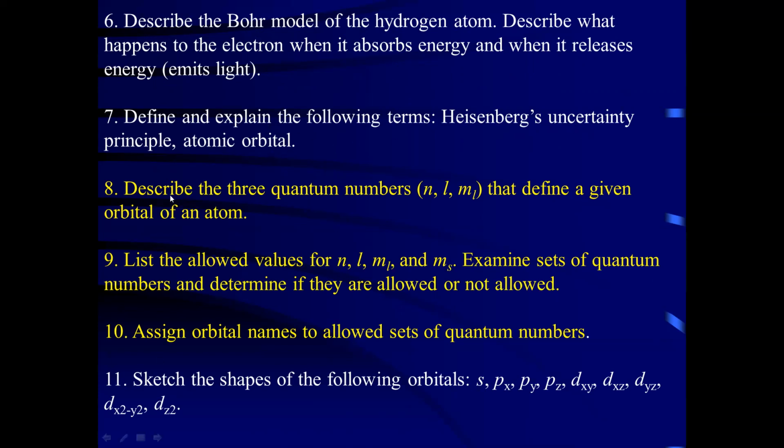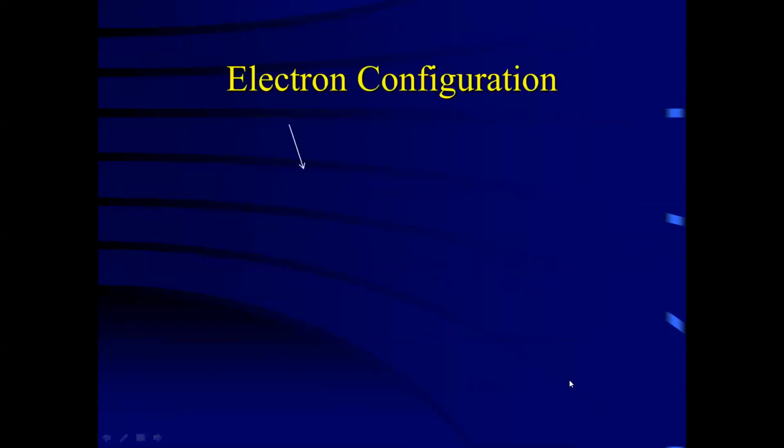And here we talk about the 3 quantum numbers used to define an orbital of atoms, list the allowed values for each quantum number, and assign an orbital name to a set of quantum numbers. Also sketch the shape of the following orbitals on a piece of paper. I will post the in-class practice on Canvas.